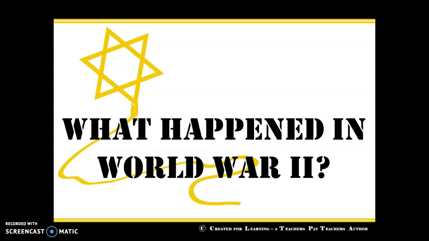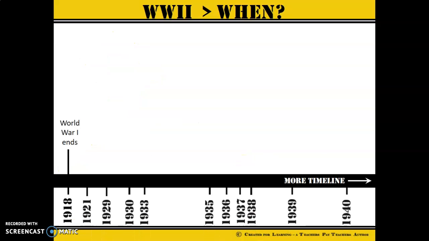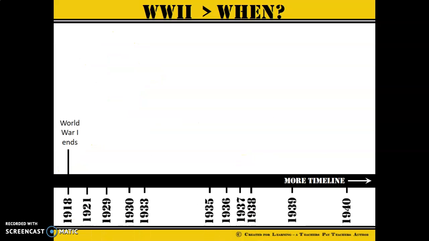So what happened in World War II? We're going to go through a timeline, hear a bunch of events. So in 1918, we have the end of World War I. 1921, so just 3 years later, Hitler becomes the leader of the Nazi Party.